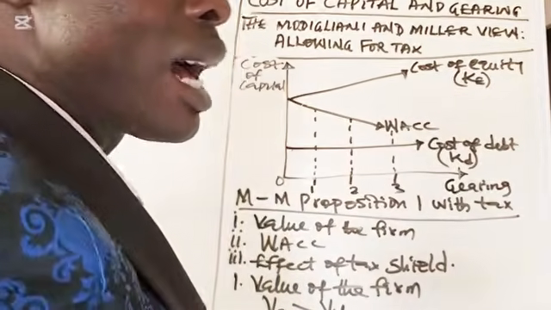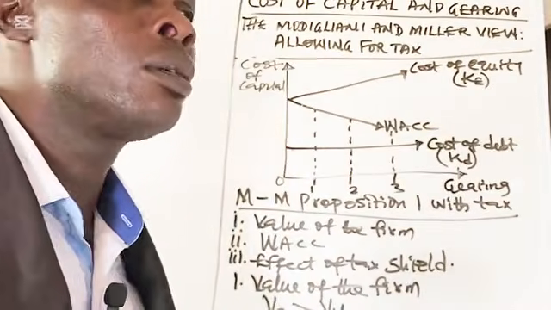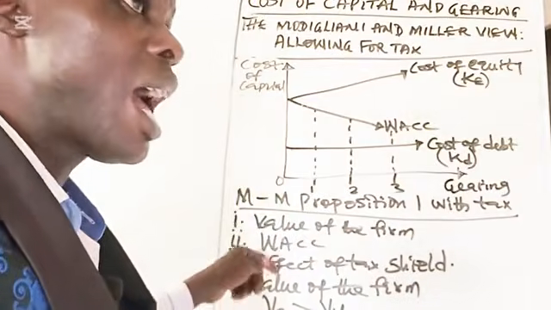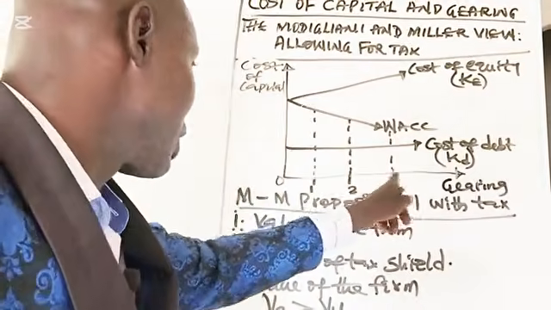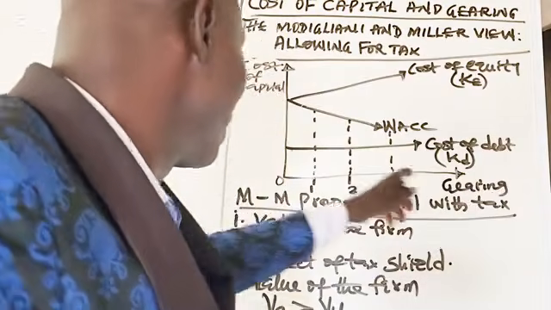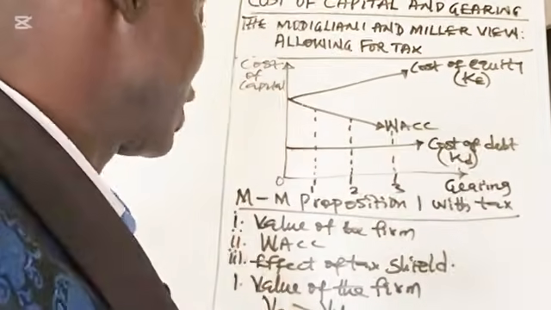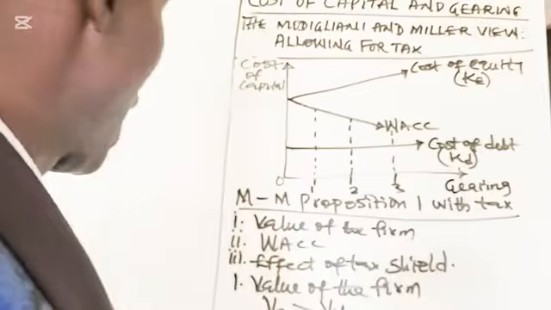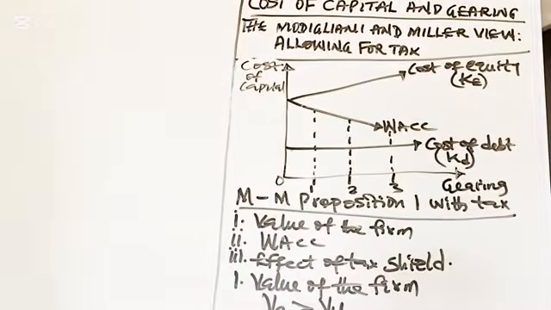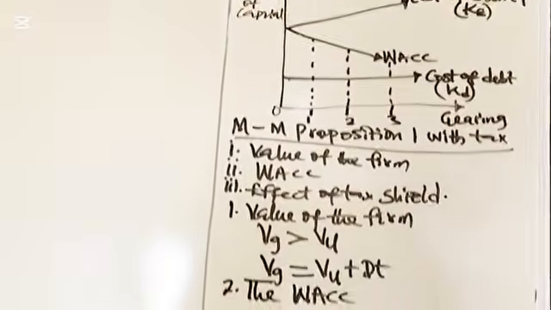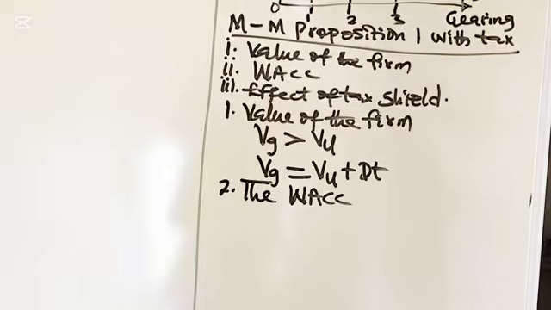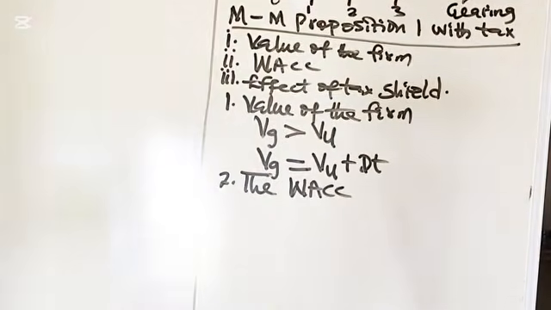So, in accordance with M&M Proposition 1, WACC decreases as gearing increases. As debt increases, WACC continues to decrease. So that is M&M Proposition 1.